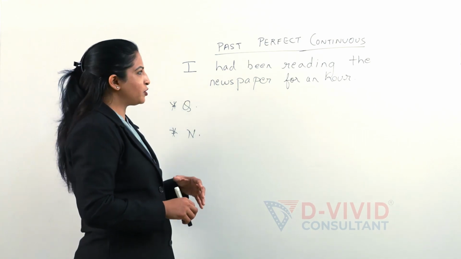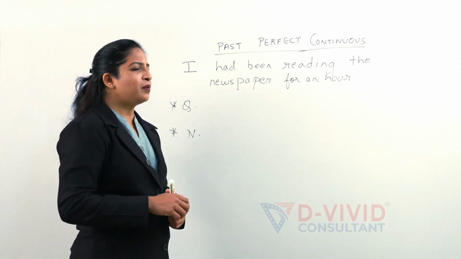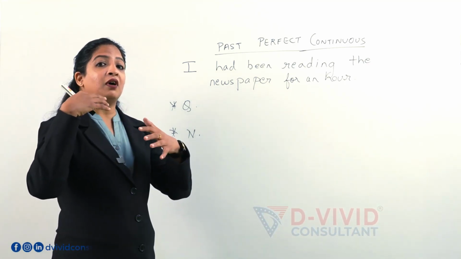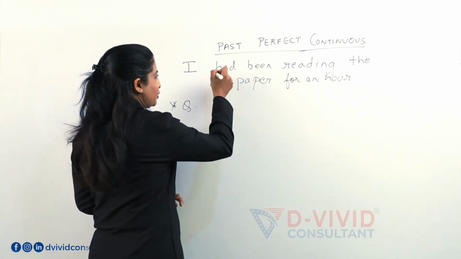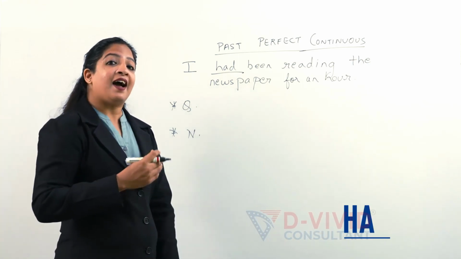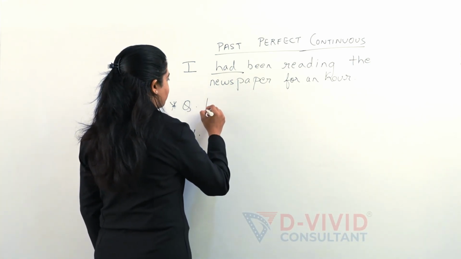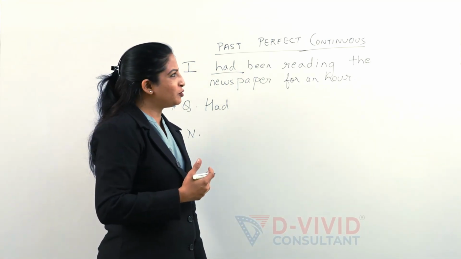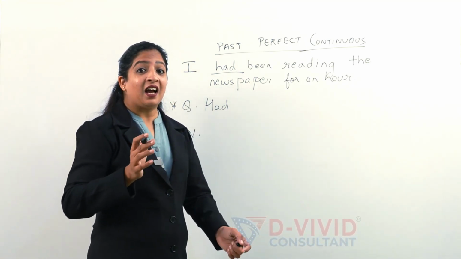How would the question form look? What do I have to help me convert this sentence into a question? Yes, we have the word had. So, had I been reading the newspaper for an hour?